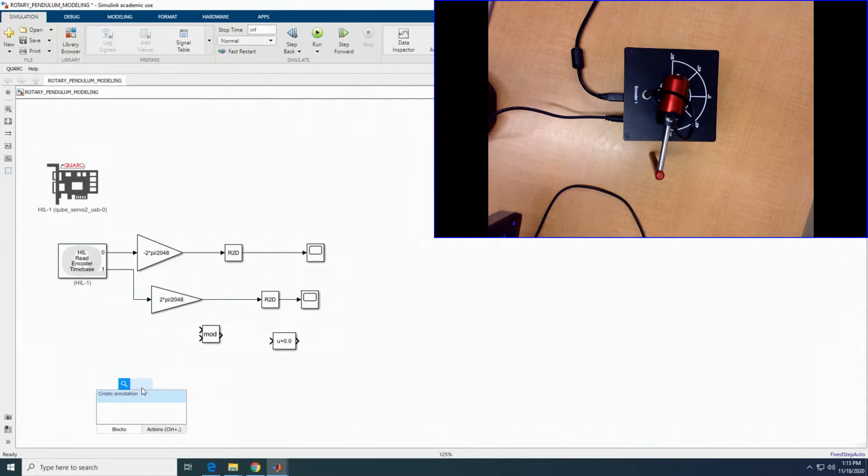So the mod block is just basically there to measure the remainder of a division of two values.